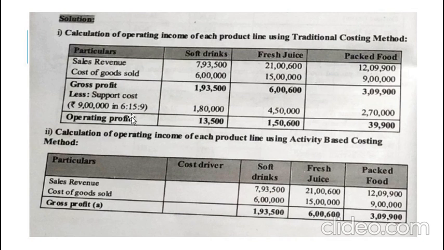So now from the gross profit of 1,93,500, we will minus 1,80,000 of support cost. So we will be getting our operating profit, that is earning before interest and taxes, 13,500.